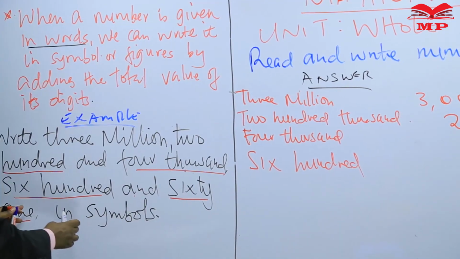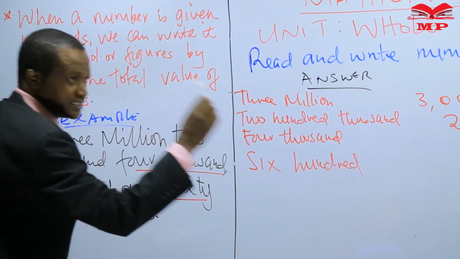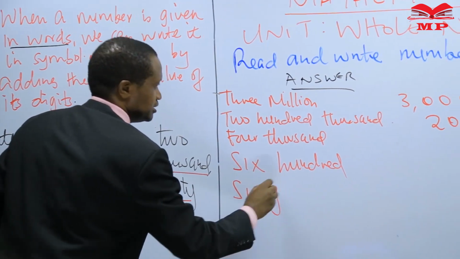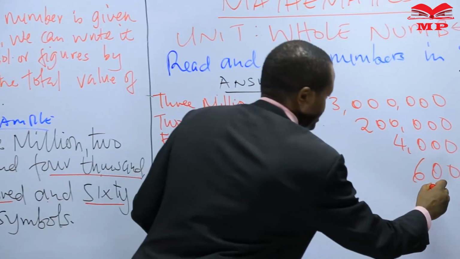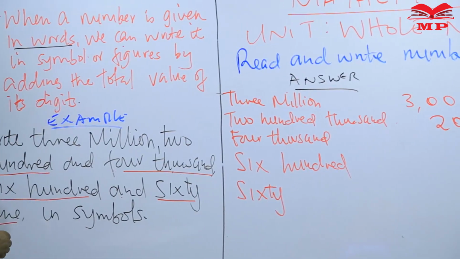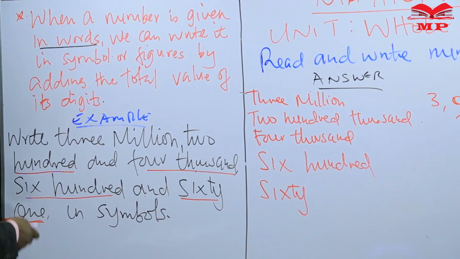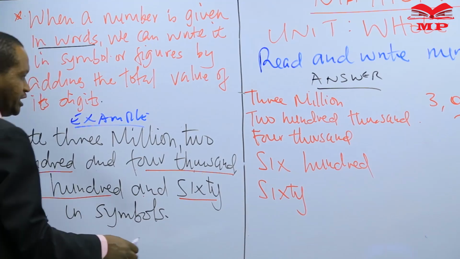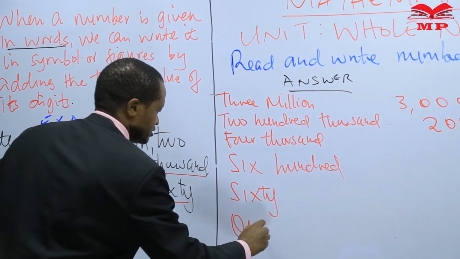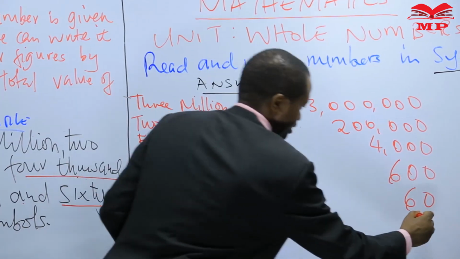Then we come to 61. So this is 60, written as 60. Then we have the place value of 1. So we come here and write 1. 1 is written as 1.